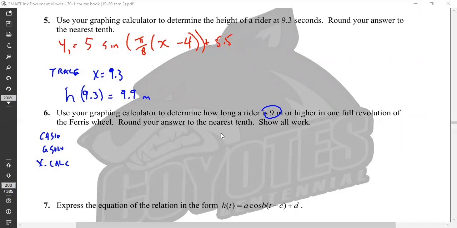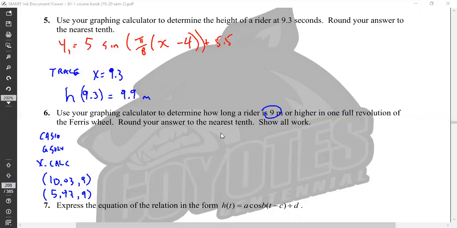And then once you have that point, it should give you the point 10.03, comma 9. And then you arrow over to the other one, and maybe it gives you 5.97 first, and then you arrow over to the other one, whatever. It gives us those 2 points.